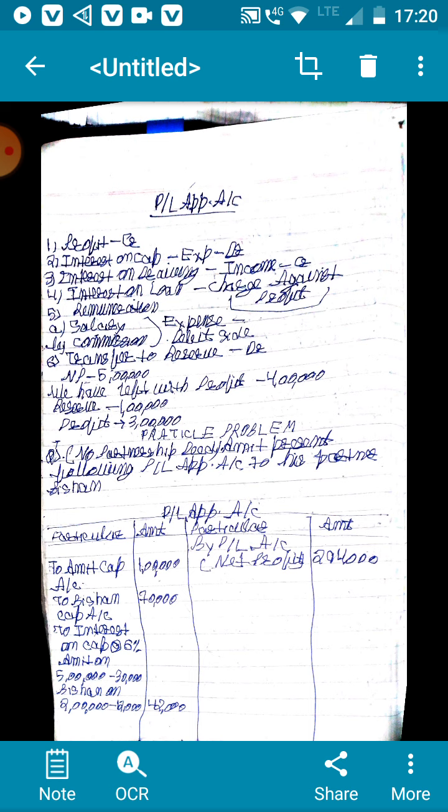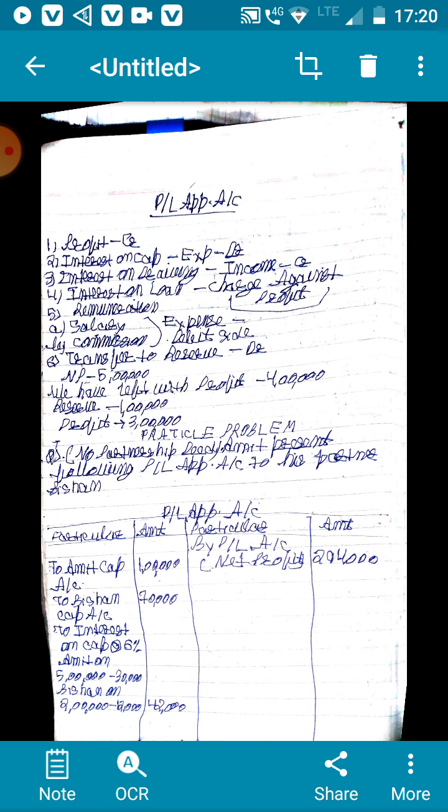It is given that out of the 4 lakh, 1 lakh is the reserve, so we also deducted 1 lakh as reserve from the 4 lakh profit. We are left with a profit of 3 lakh.